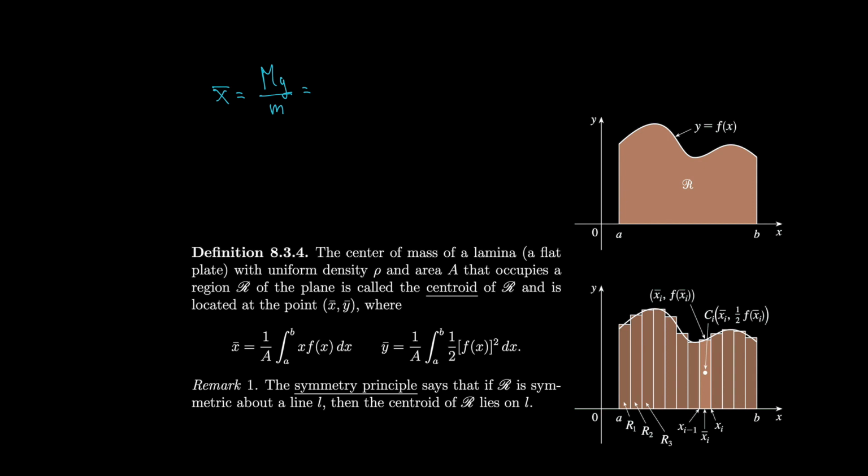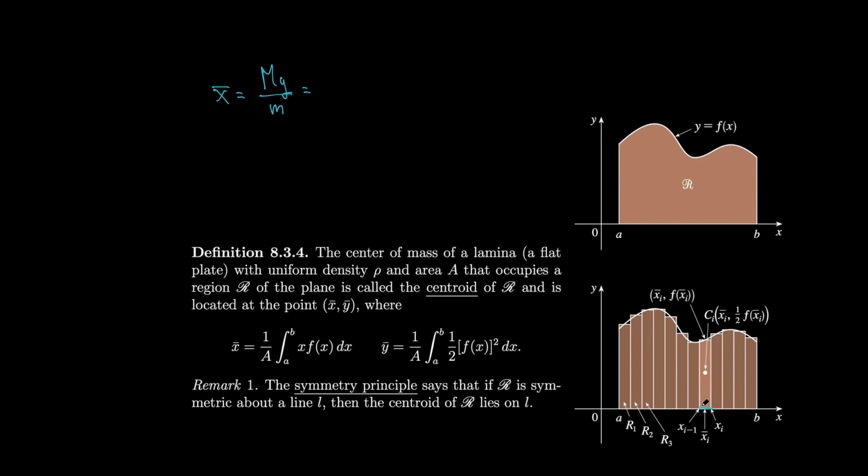So the masses for every single one of these points, let's see if we could find one of those. Well, you'd want the area of one of these little rectangle cutouts times its density. So if this thing has density rho, let's see if we could figure out what the area of a single one of these guys would be.